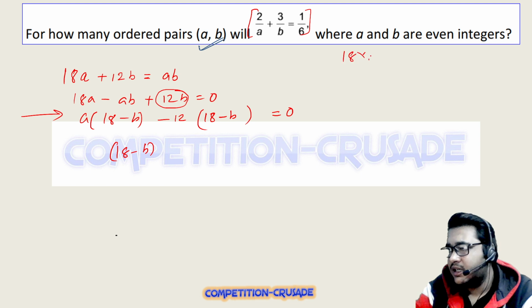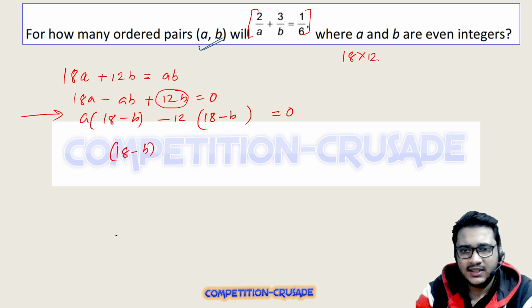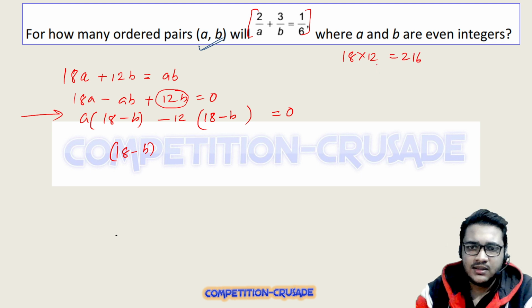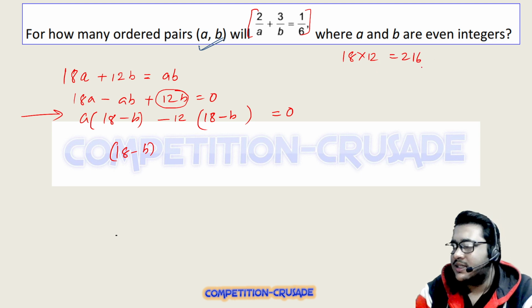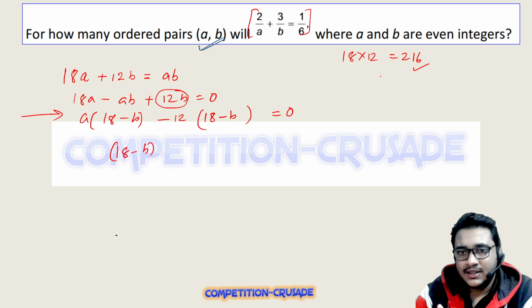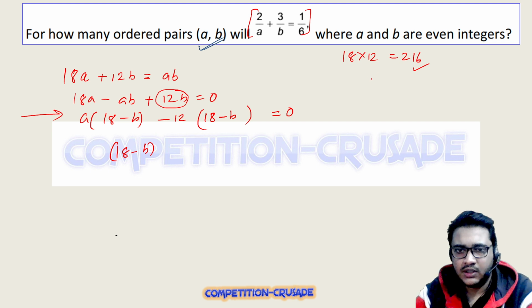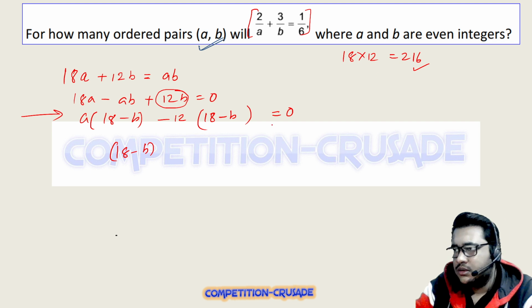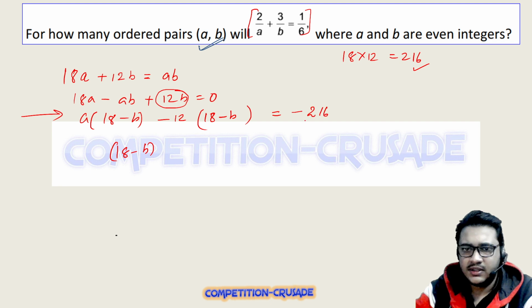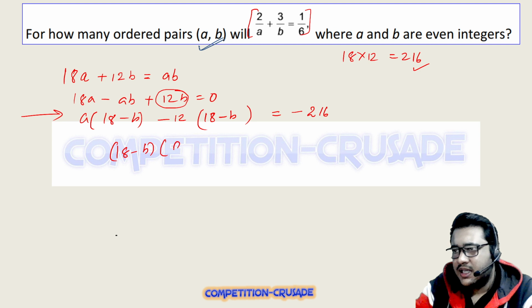So 18 times 12 is 216. So I am introducing a negative 216, so I have to introduce a positive 216. Basically I can just write a negative 216 on the RHS of this. So this becomes (A minus 12) times (18 minus B) is equal to minus 216.